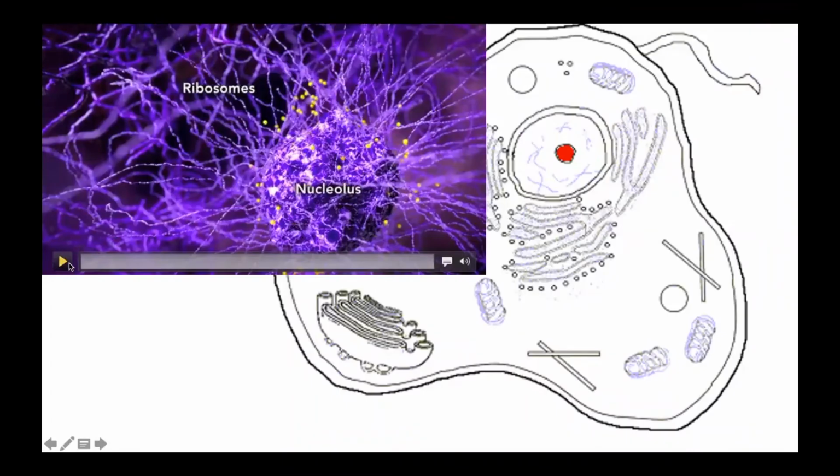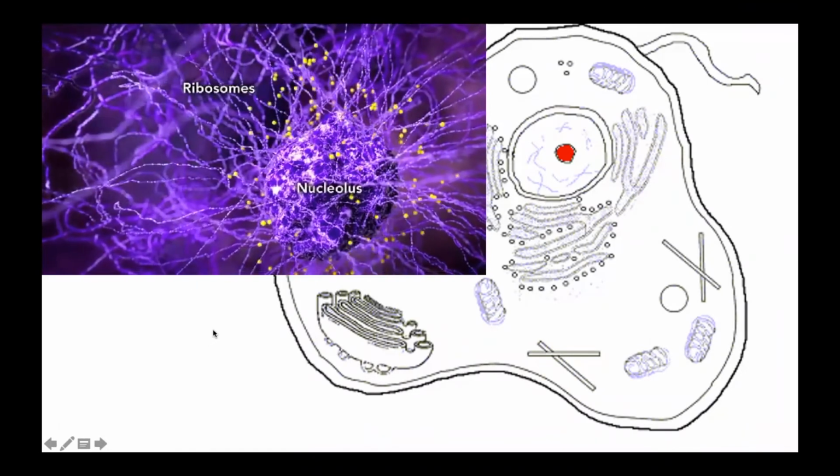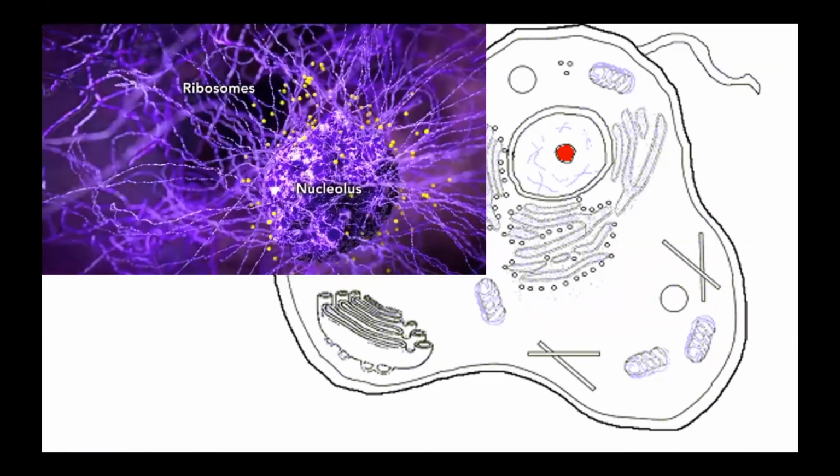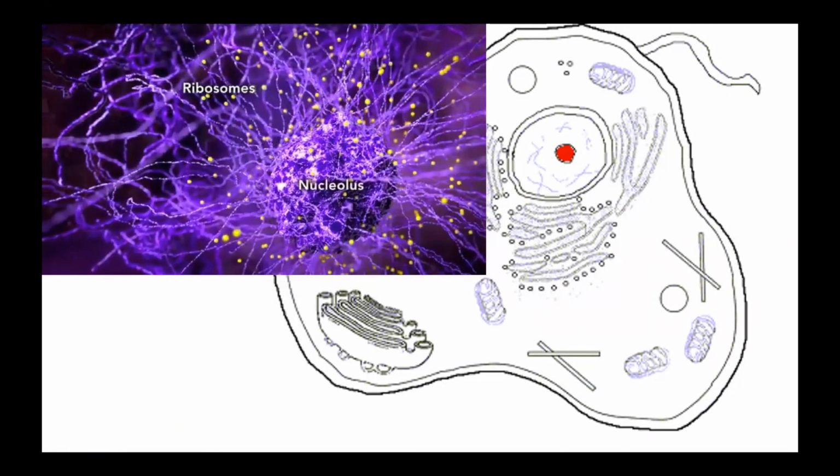So here we see the nucleolus inside the nucleus, and all this purple stuff is the DNA, right? And those are all the different pieces of ribosomes or different pieces of RNA. Ribosomes are actually a type of RNA. It's kind of like DNA, but different. And they're leaving the nucleolus and mixing with all of the DNA.